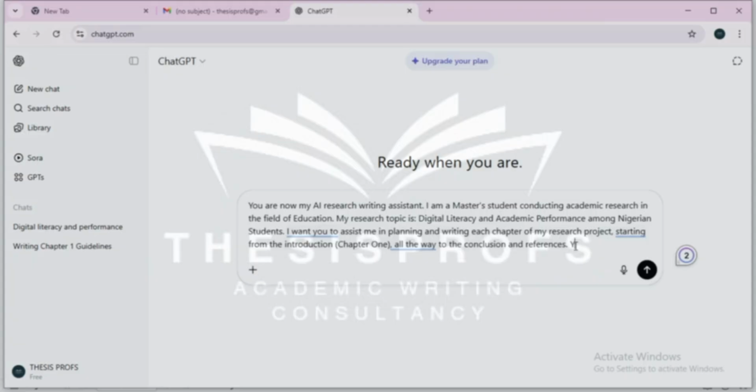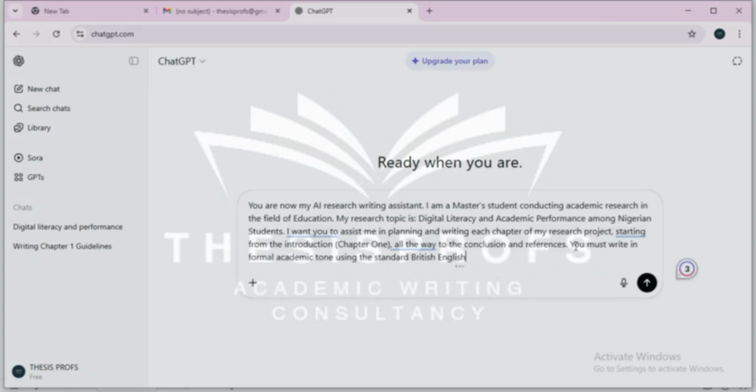So you must write in formal academic tone using the standard British English.